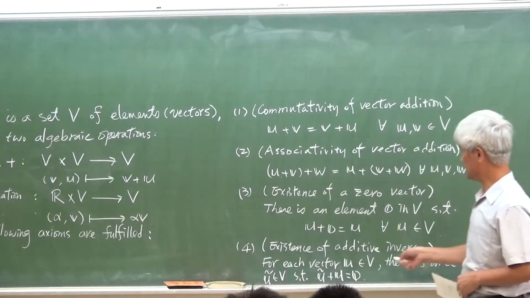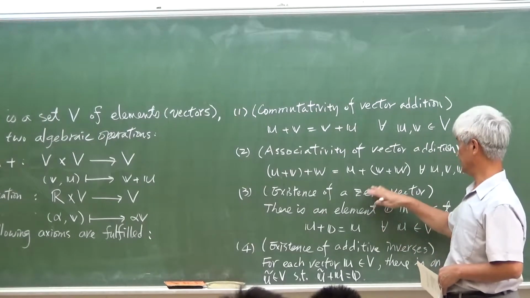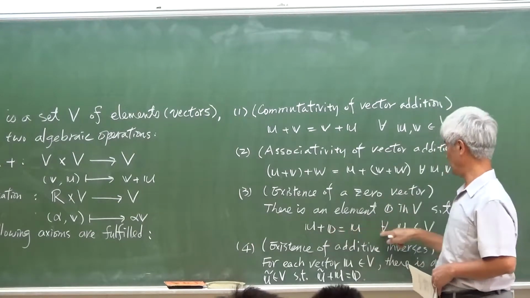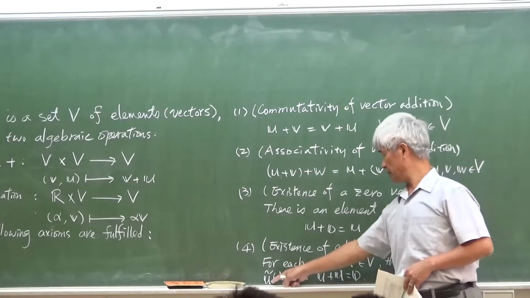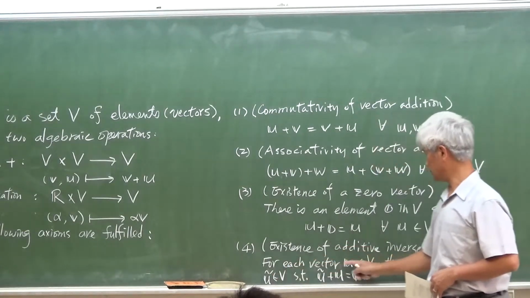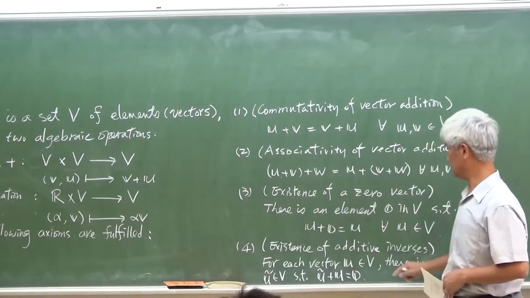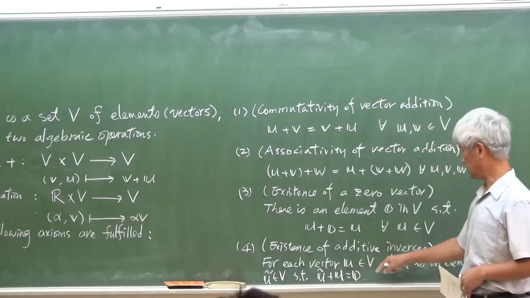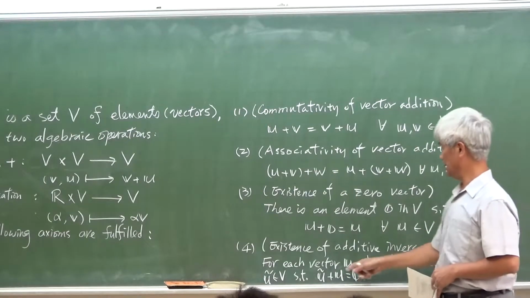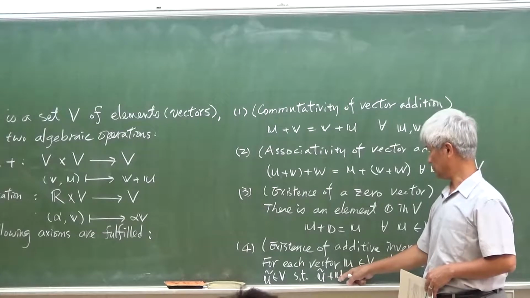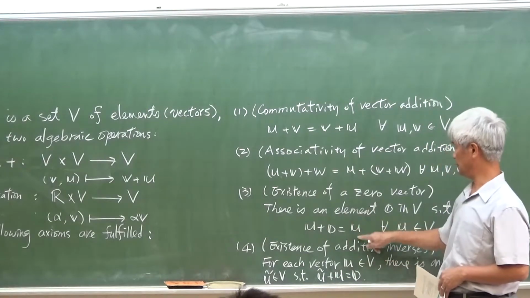The zero element here is universal, meaning this is true for all elements U. But the inverse U' depends on U; different U may have different inverses. The important thing is that the sum of U' and U will be equal to the zero element mentioned here.